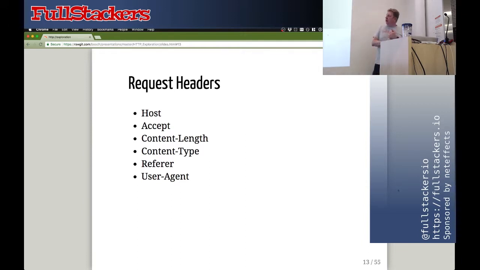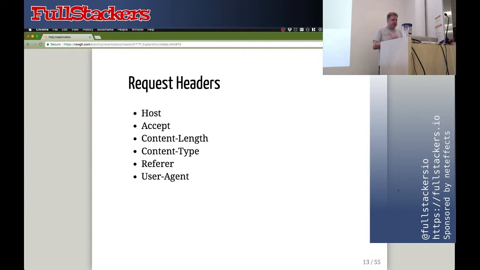The accept header says basically what type of files the browser is willing to accept, willing to show. So let's say you've got a new version of Chrome and it can handle XML files in addition to HTML. It would put XML in the accept header.